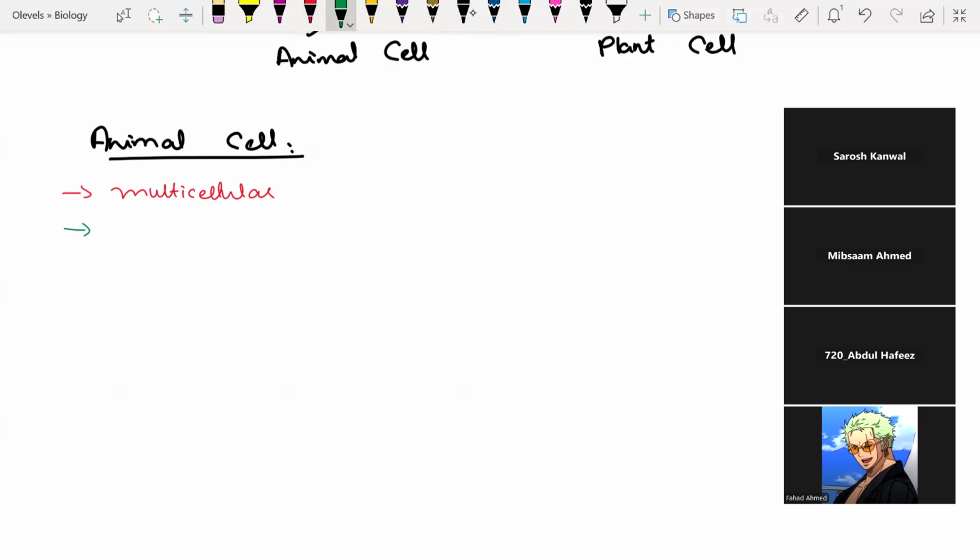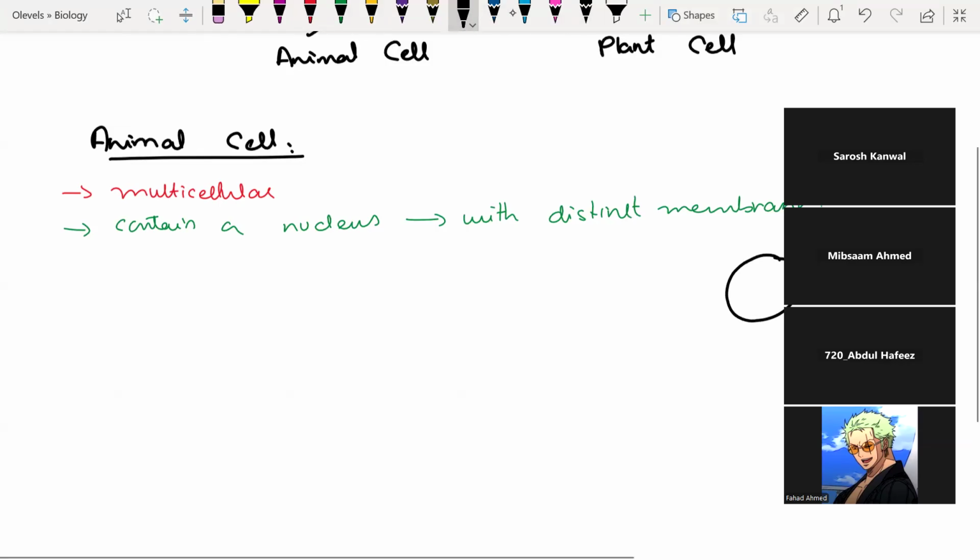So if we consider an animal cell a eukaryote, that means it must contain a nucleus, and that too with a distinct membrane. For example, you should have a proper nucleus with a proper membrane in which the DNA is enclosed, right?